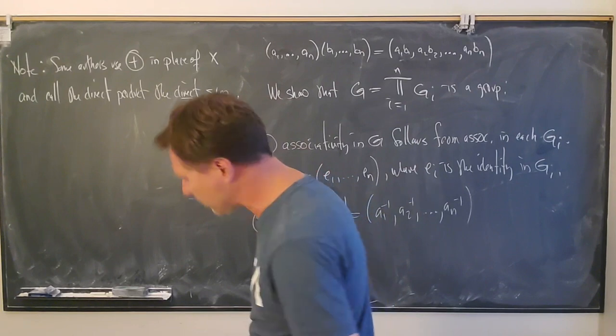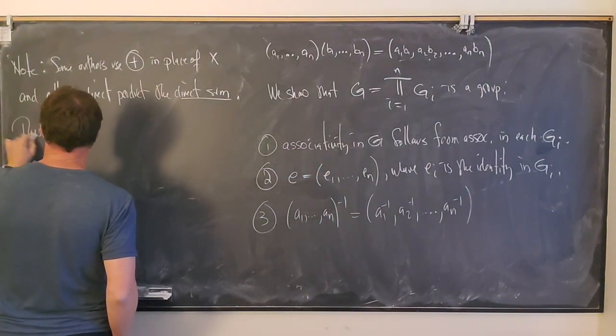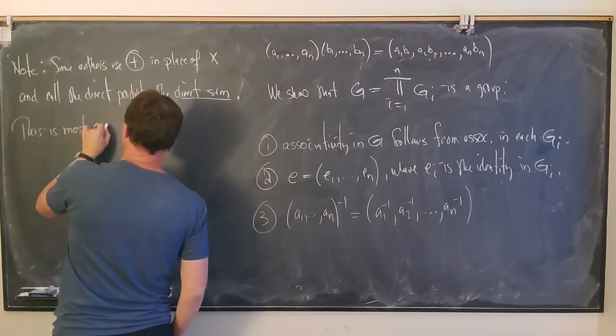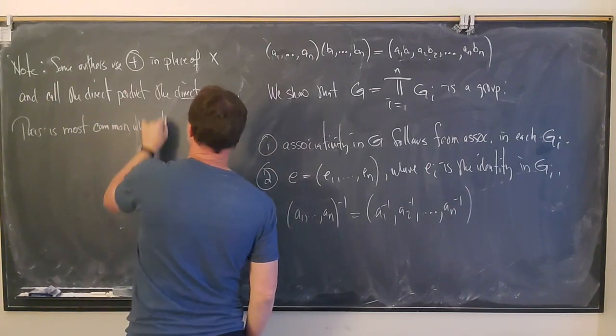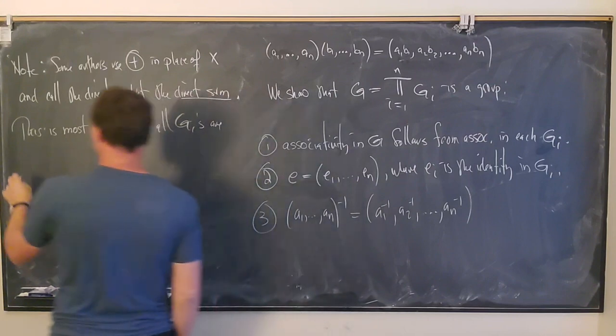And then this is most common when everything's abelian. So when all G sub I are abelian.